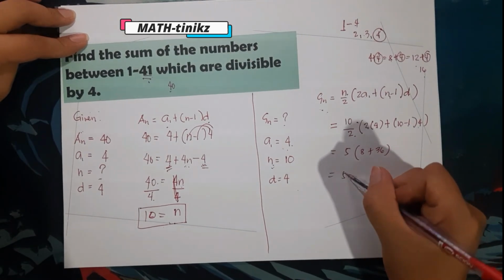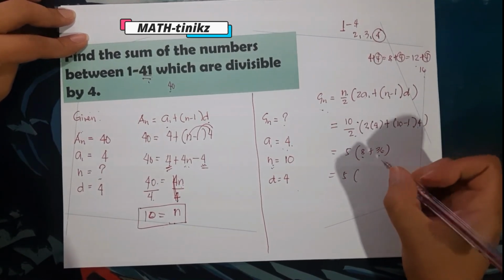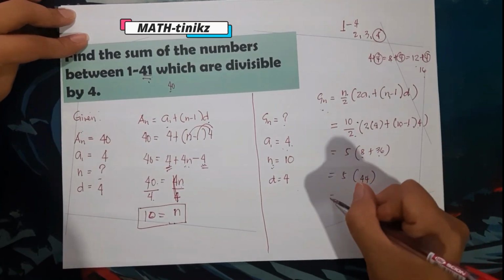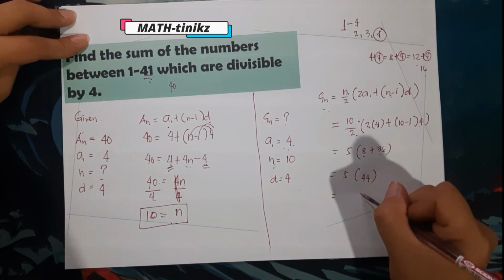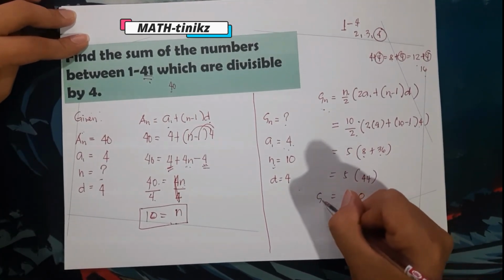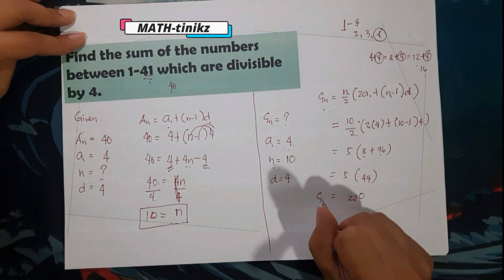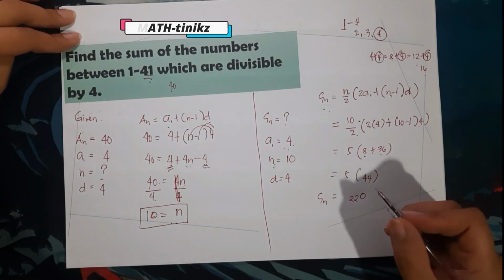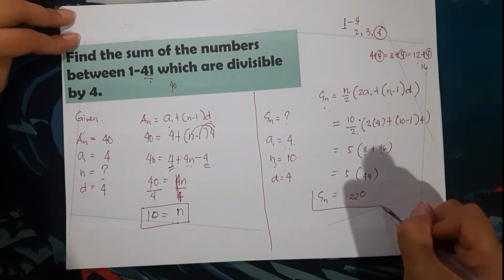And copy 5, 8 plus 36 is equal to 44, and 44 times 5 is equal to 220. So the sum of the numbers between 1 to 41 that are divisible by 4 is equal to 220.